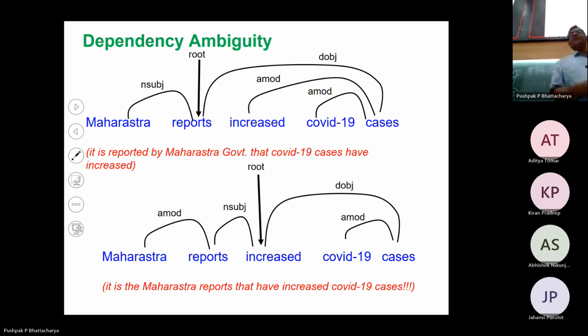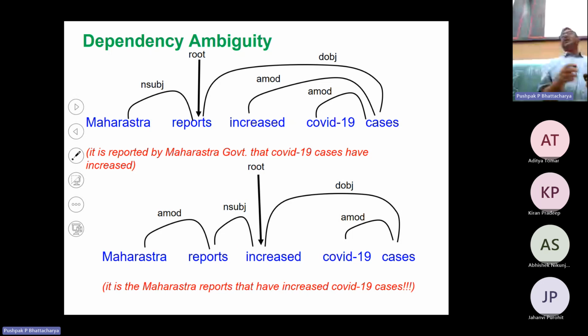I don't know. The dependency parsing shows that reports is the main verb. If increased becomes the main verb, then the sentence has a very strange meaning. Reports is the main verb, Maharashtra is the subject, so you have nsubj as the label.